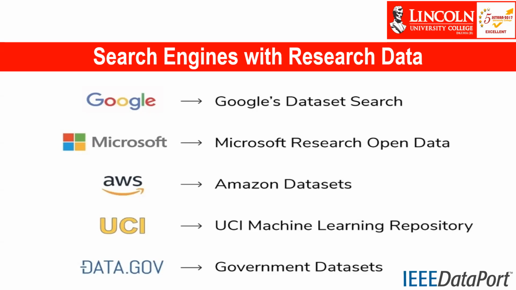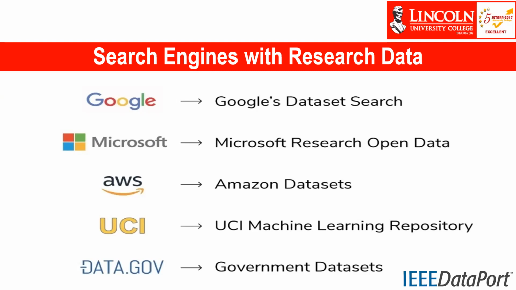You can also check Microsoft Research Open Data. You can also check Amazon datasets. You can check the UCI Machine Learning Repository. You can check government datasets from data.gov. And one of the latest ones is IEEE DataPort. One of the beauties of this particular one is that it even allows you to upload your own data sets on that platform, so you can also contribute.